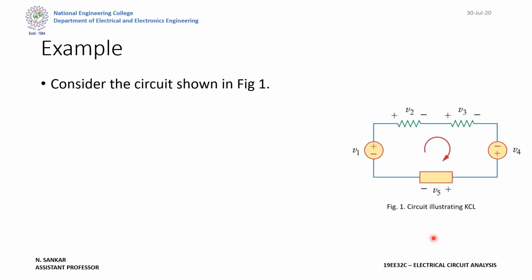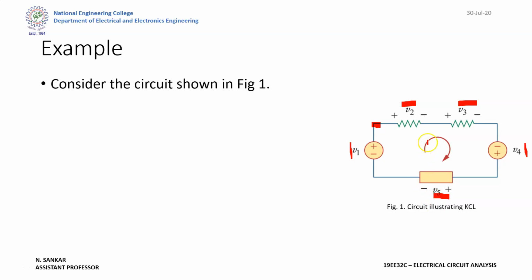Let us see an example. Here this is a closed loop. If you start at this point, it closes again at this point. Here we have five voltage sources: V1, V2, V3, V4 and V5.